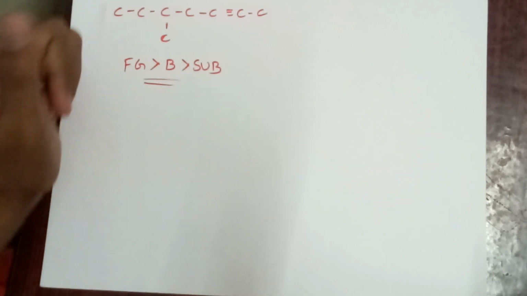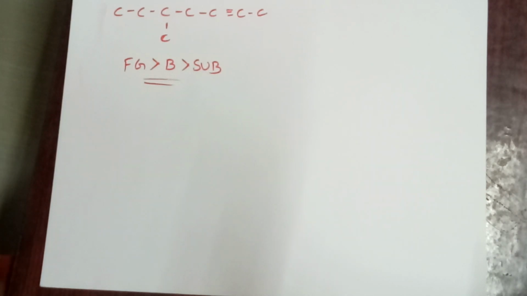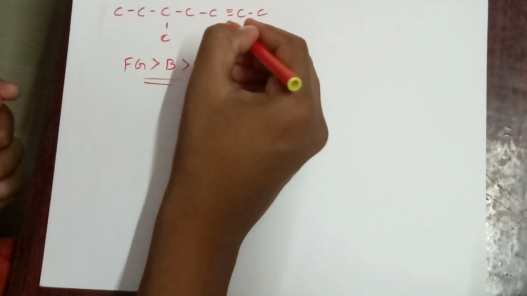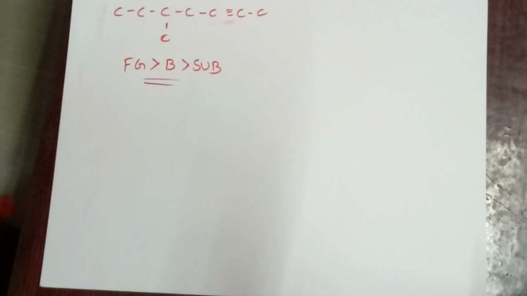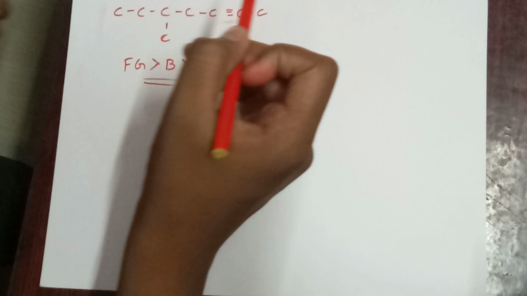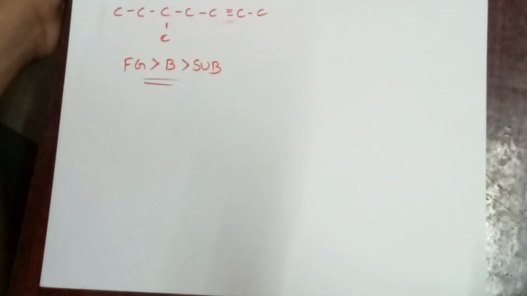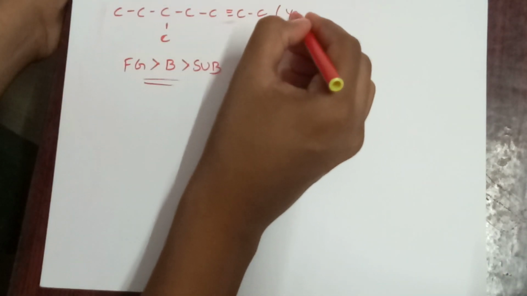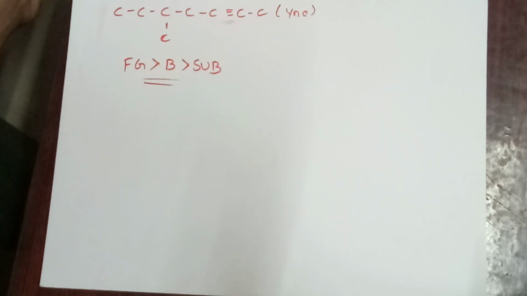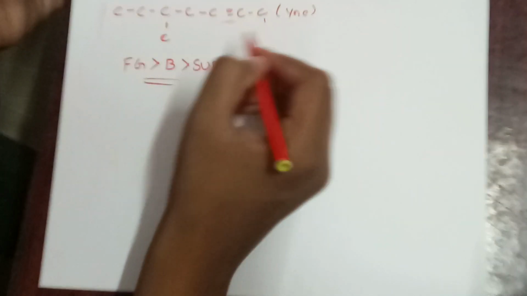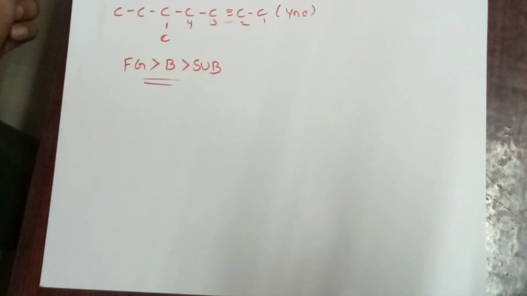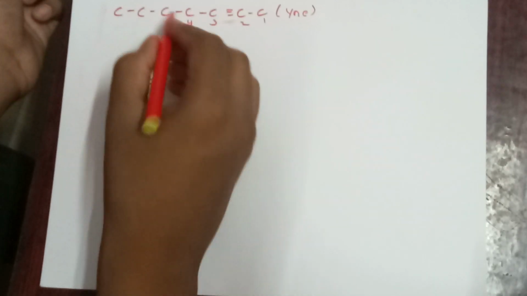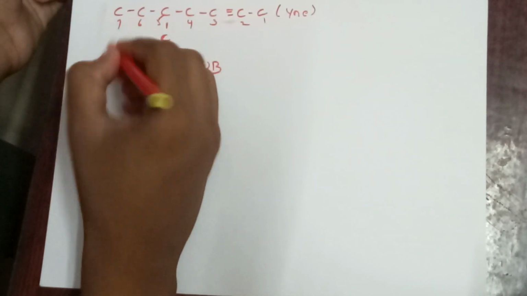As there are no functional groups over here, which is given the importance? Bond, right? Yeah. Now from which side are we going to count? Obviously this side. We have a triple bond, so we can conclude that this is an ine. The suffix is ine, right? Now let's count. 1, 2, 3, 4, 5, 6, 7.